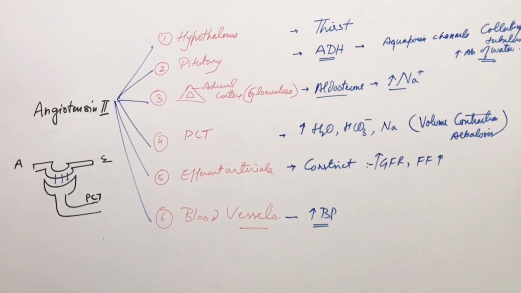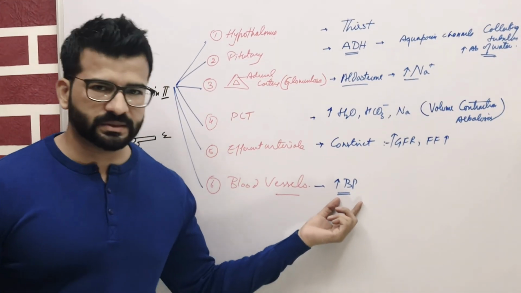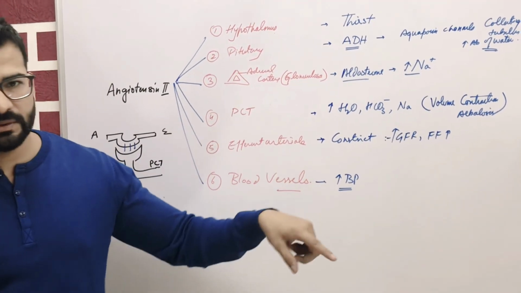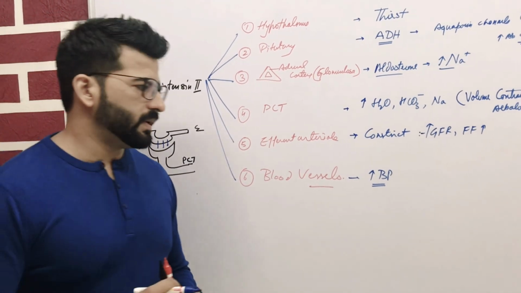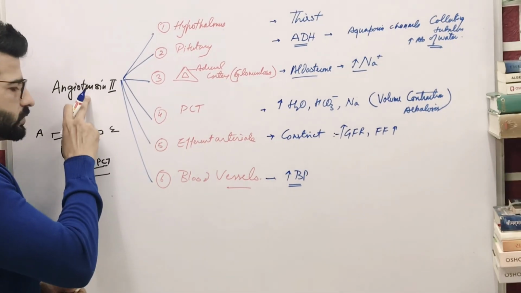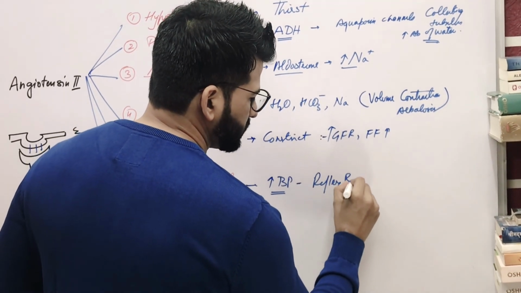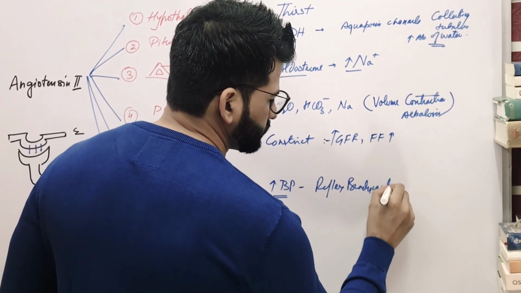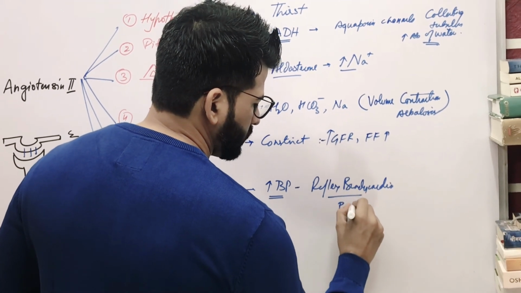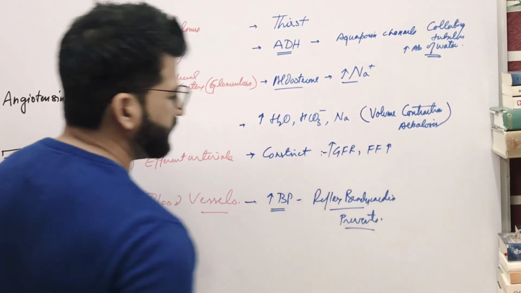Now there is a mechanism that whenever the pressure is increased, the message is sent to the brain, and the brain will stimulate the vagus to do bradycardia. But angiotensin 2 will prevent that also, that is, it will prevent the reflex bradycardia.